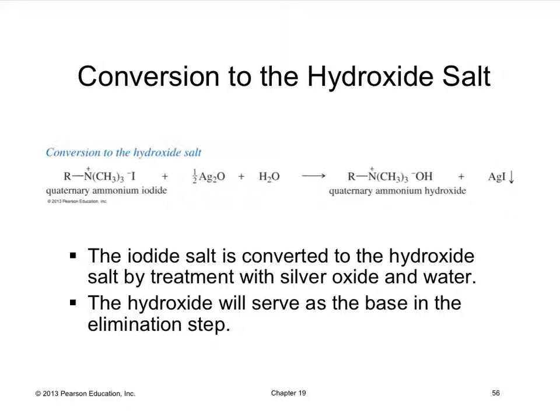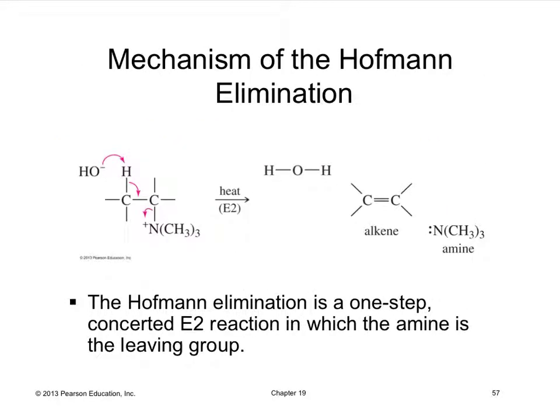The silver iodide precipitates, and this will serve as the base for the elimination step. And then elimination is an E2 elimination, so it's concerted and has to be anticoplanar. So it'll pluck off, form the double bond, and kick off the amine that's the leaving group. And so a Hofmann elimination occurs, producing these products.